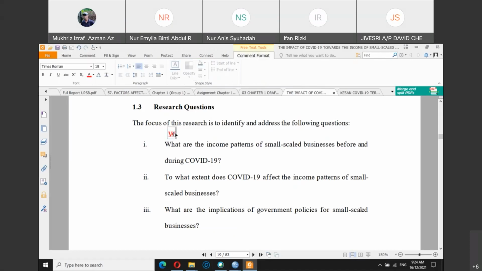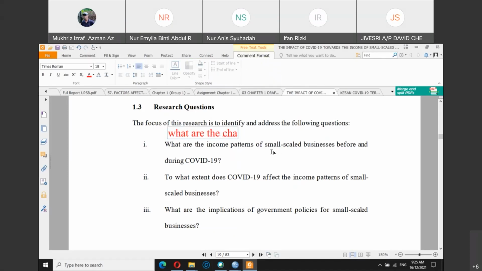Okay, because this is what you see here, income patterns, meaning the characteristics of the traders. If you're focusing on employees, then it should be something like this.